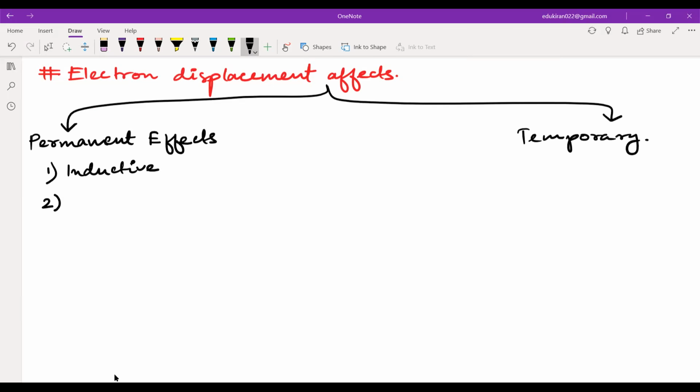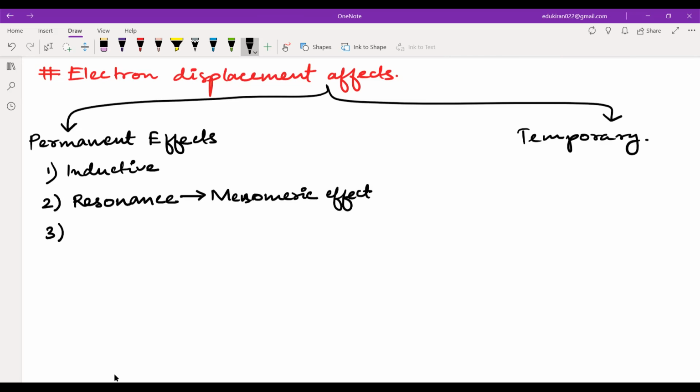Secondly, we are going to learn about resonance. So resonance is a phenomenon, and the effect that it gives is called the mesomeric effect.